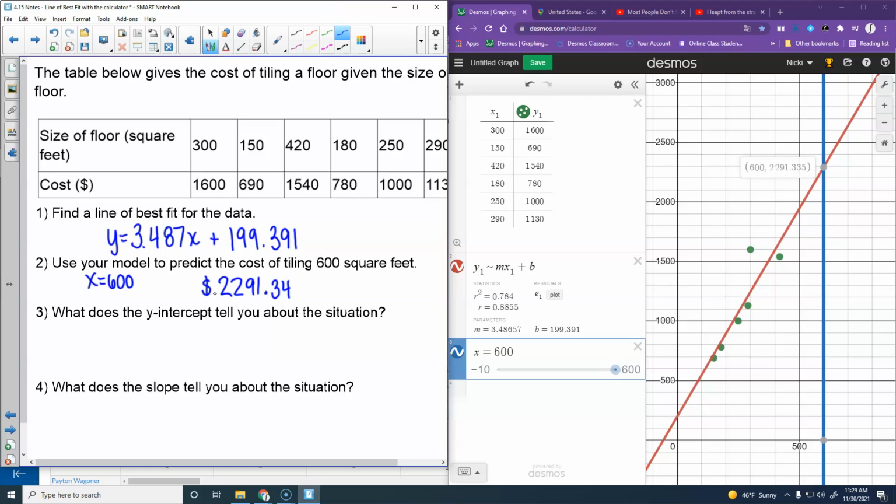Questions? All right, let's finish up these last 2 here. So we worked on this some when we were doing word problems. It's the same thing. So we are asked about y-intercept and slope. So who could tell me what the y-intercept is going to mean? Jada?